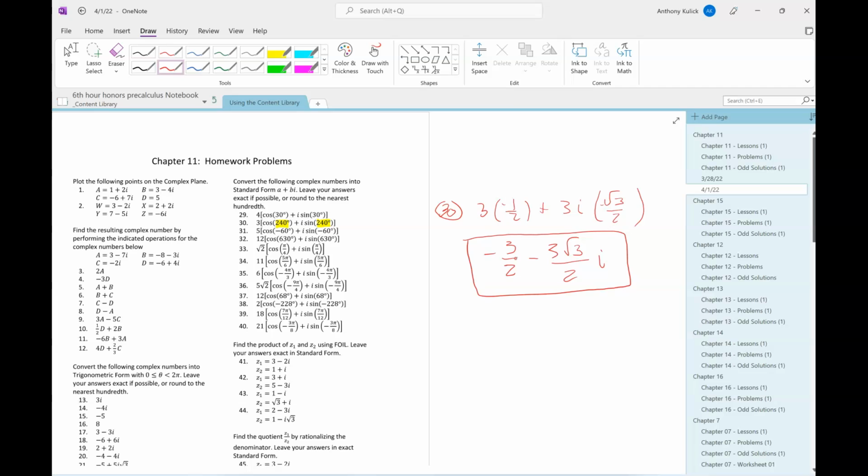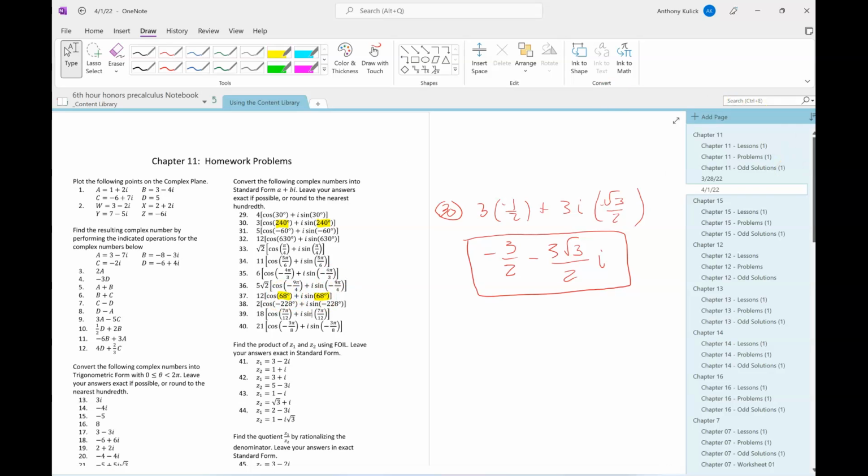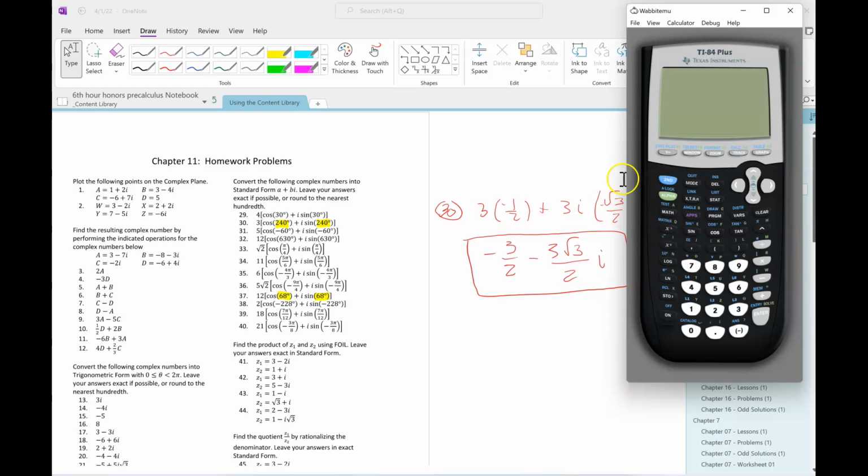Jack? Can you do 37? Yeah, so same idea here. The only issue is 68 isn't a unit circle value. So if I'm going to do 37, it just has to be with the calculator. I'd want to make sure I'm in degree mode. So I'm going to do 12 cosine 68, and then 12 sine 68.